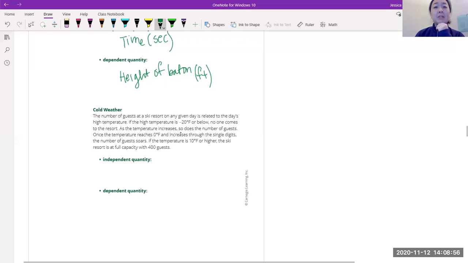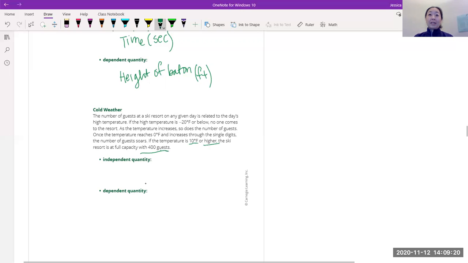As the temperatures increase, so does the number of guests. Do you see the dependent and independent variable here? Once the temperature reaches 0 and increases through the single digits, the number of guests soar. If the temperature is 10 degrees Fahrenheit or higher, the ski resort is at full capacity at 400 guests.